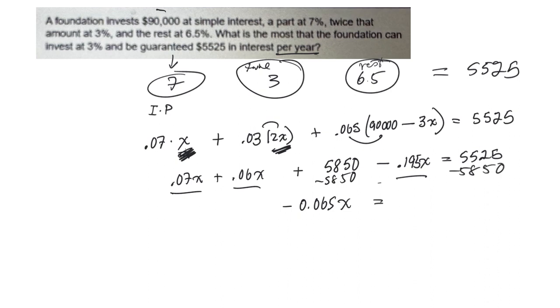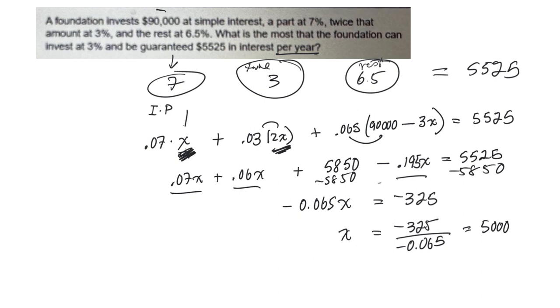So it'll be negative 325 on this side. And then to solve for x, I'll just divide both sides by negative 0.065. Okay, calculator. Divide. 5,000. Okay, so x is 5,000.